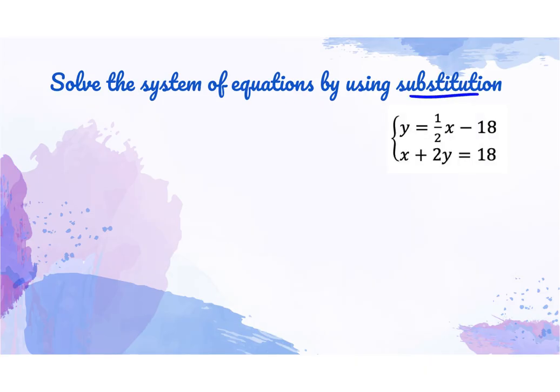So substitution works best when you have an x or a y by itself, like we have right here. So if I have x plus 2y equals 18, instead of the y, I'm going to put in what y equals exactly.